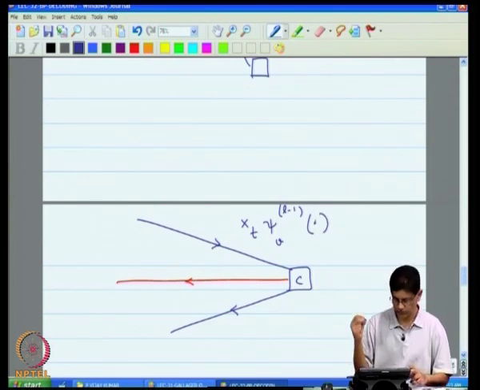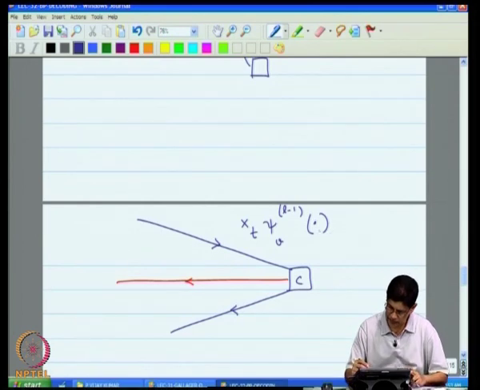Okay. That is, this is the message with xt equal to 1.